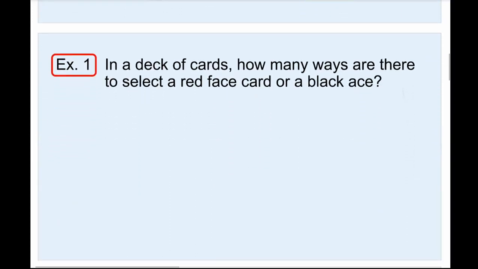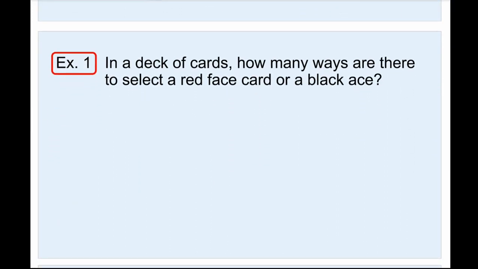So let's look at a couple of examples. In a deck of cards, how many ways are there to select a red face card or a black ace? Again, we're not dealing with probability in this case, we're just looking at how many ways, in terms of counting.